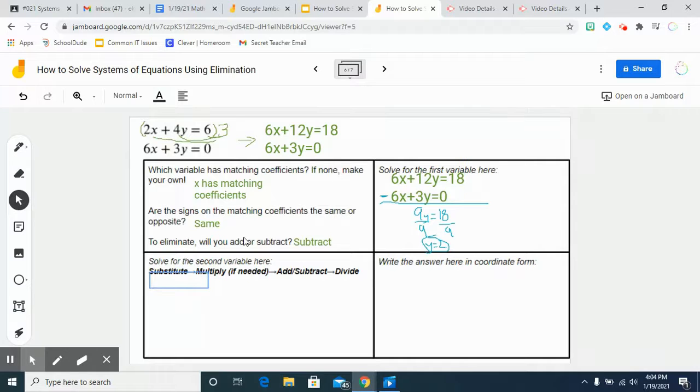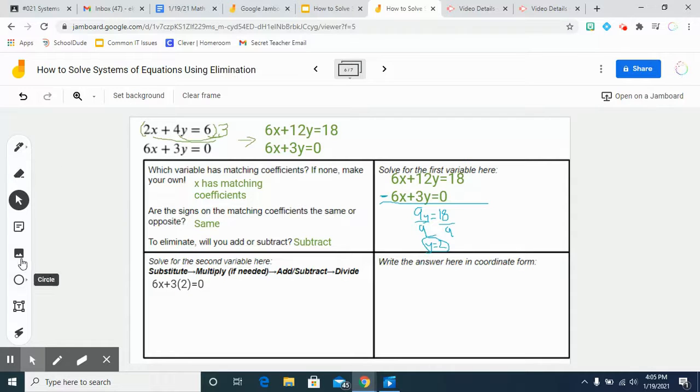And it's going to be 6x plus 3 parentheses 2 equals 0. So there's our first step here, is just that substitution. Next, we're going to multiply, and that's something we're going to do here because we have that 2 on the inside of the parentheses, and to the left of those parentheses, we have a number, which is 3.